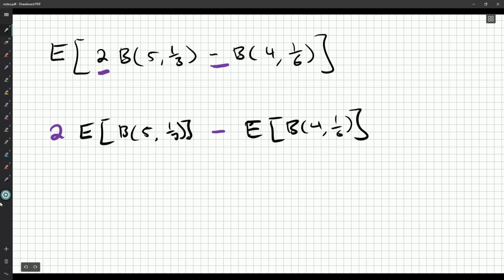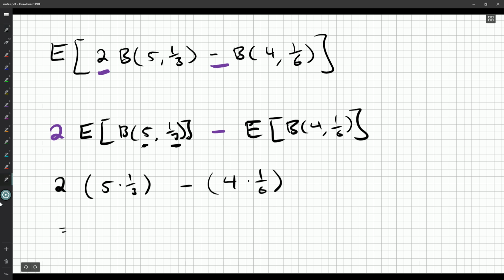But fortunately, in previous lessons, we've learned the formulas for expected value. So we'll have the same 2, and then it's n times p, so 5 times 1/3, and then minus 4 times 1/6.